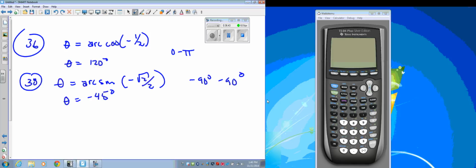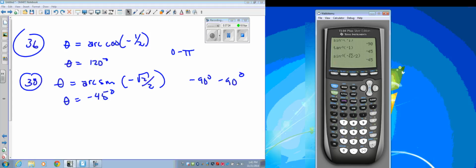So I got this calculator in degree mode, and if I do sine inverse of minus, second square root of 2, then it's going to give me minus 45.